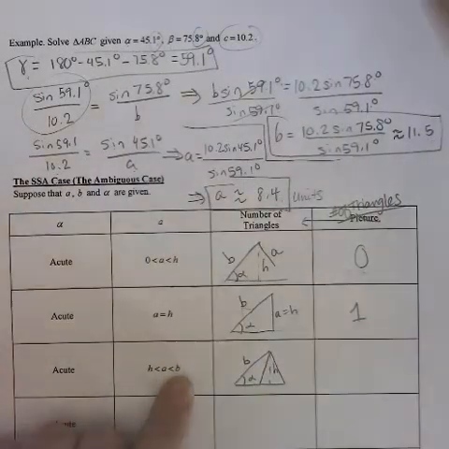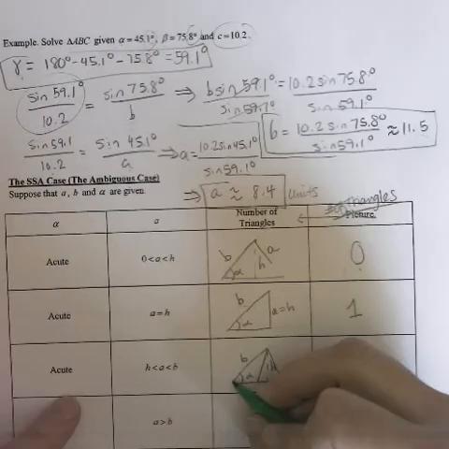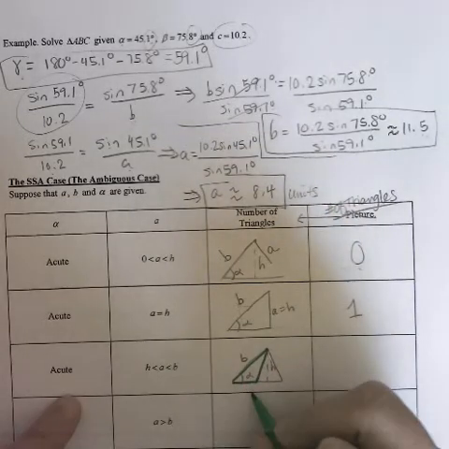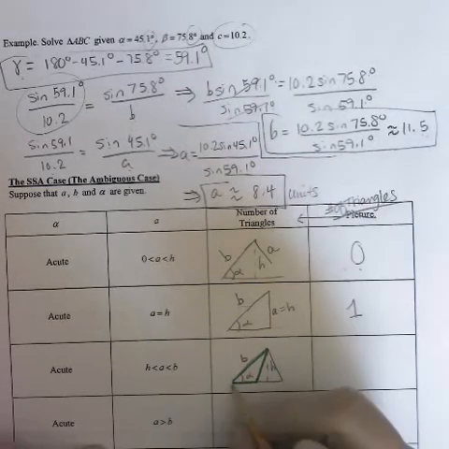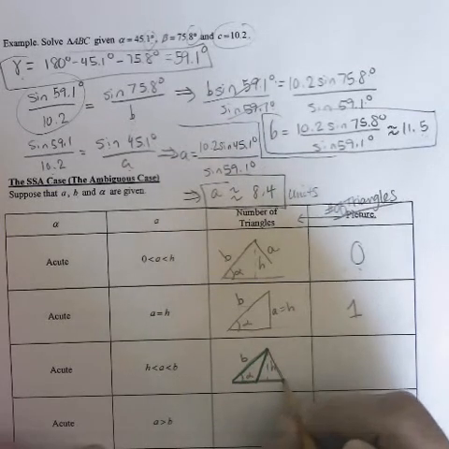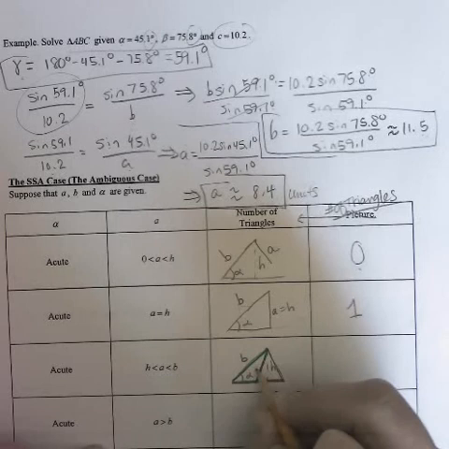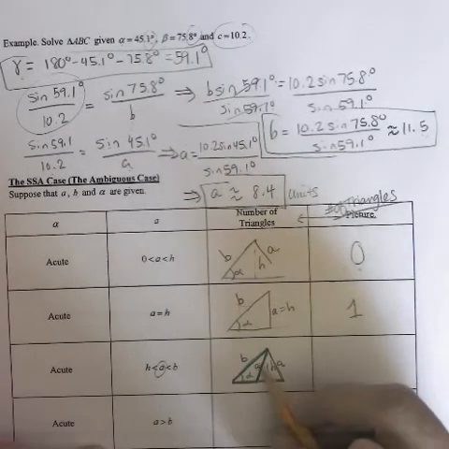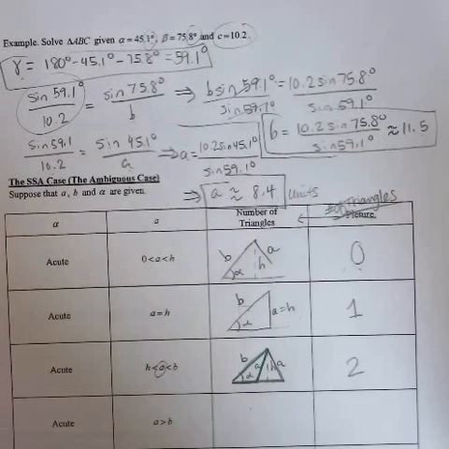This triangle is possible. Remember, you don't know the length of this side. And then this triangle is possible. These are both the same length, A, that's what's given. And so we have two triangles and two complete solutions if this happens.